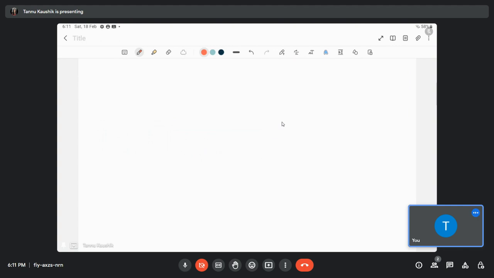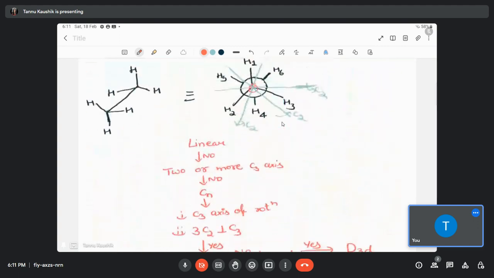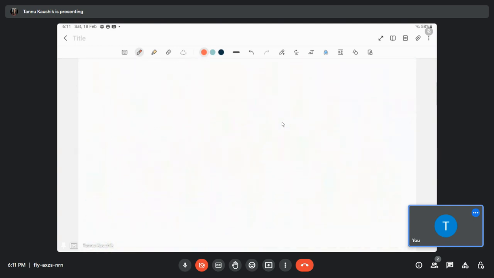So let us solve other examples. So this is a tri-substituted phenyl ring.